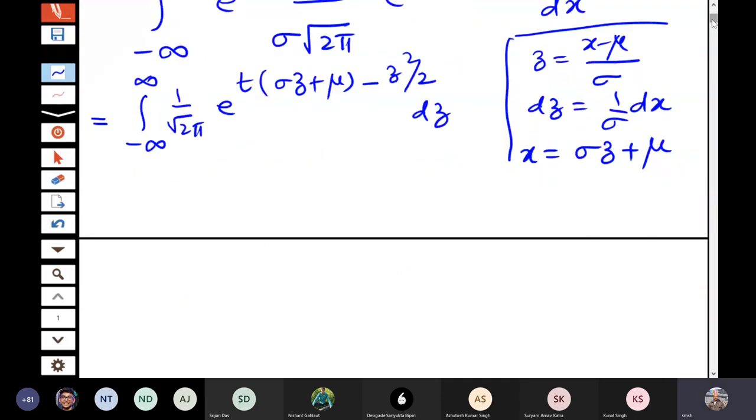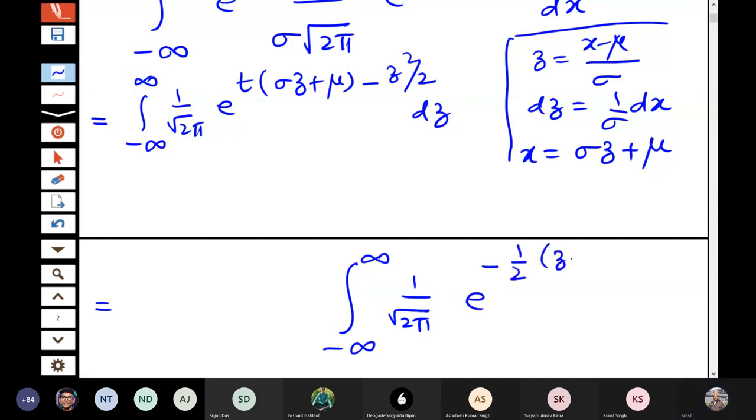Okay, so what we do, we adjust this term which is there in the exponent and we write it as the integral from minus infinity to infinity of 1 by root 2 pi e to the power minus 1 by 2 z minus sigma t square dz, and e to the power mu t plus half sigma square t square.